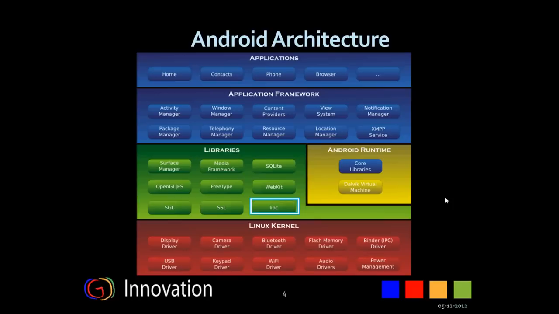The second was the size. The library has to be loaded in each process, so it needs to be small. Bionic is about 200 kilobytes or half the size of glibc, the GNU version of libc. And the third and very important point was speed. All mobile devices have limited CPU power.